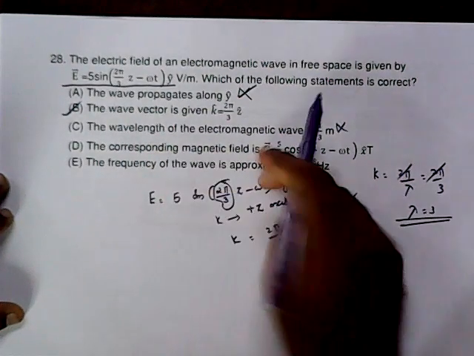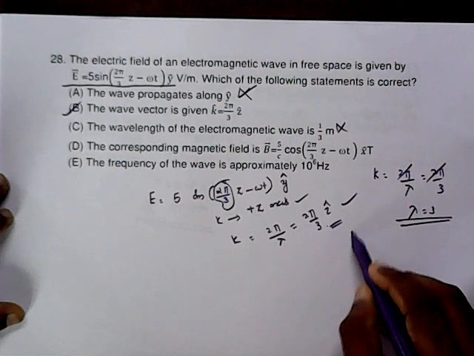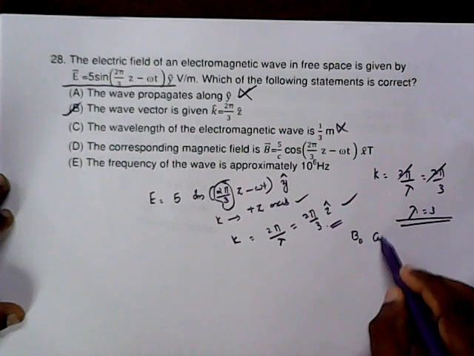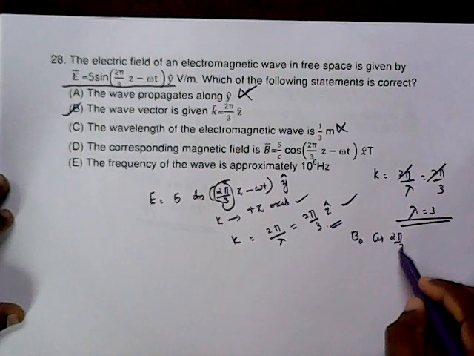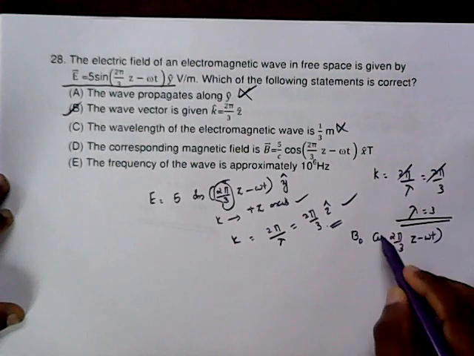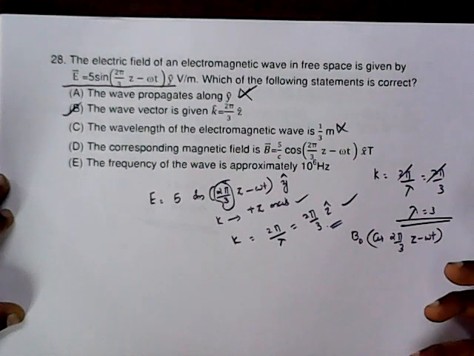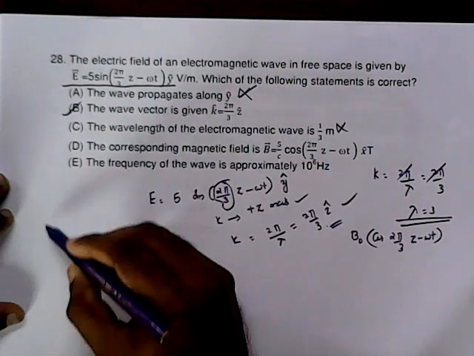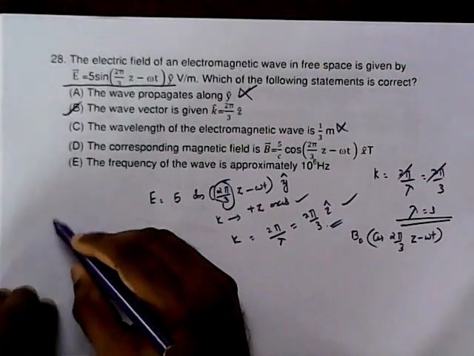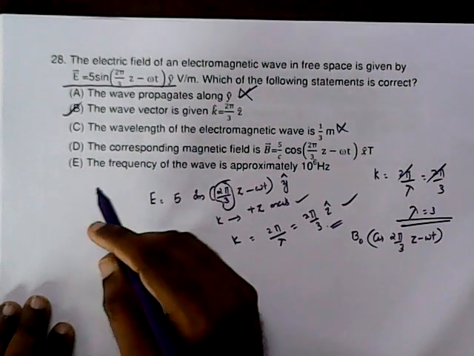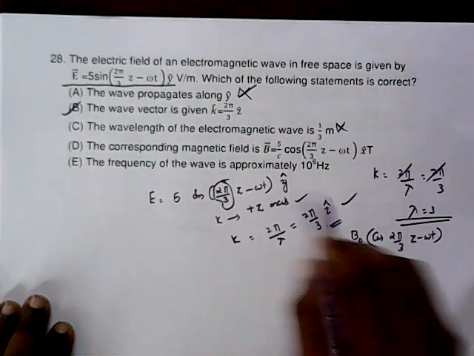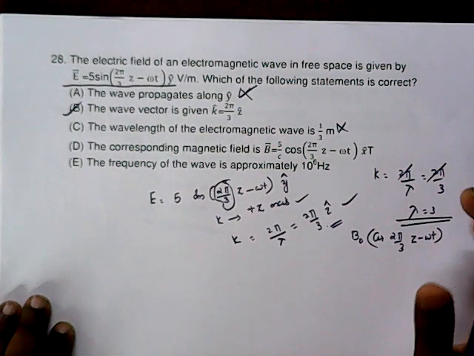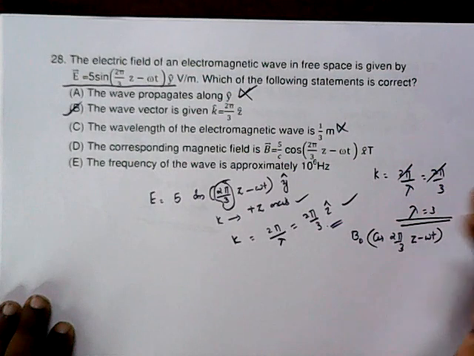What about the corresponding magnetic field? The magnetic field value is B0 cos(2π/3 Z − ωt). But what about the direction? That is a very important one. Here we can use the Poynting vector concept, E cross B. We have to curl our right hand fingers from the electric field to the magnetic field.